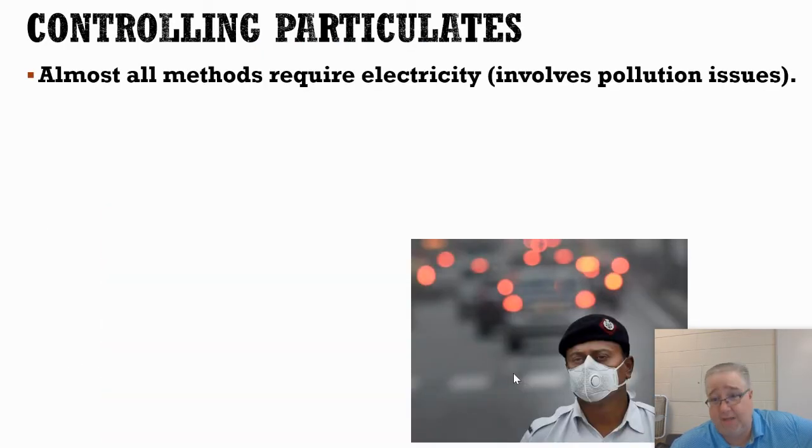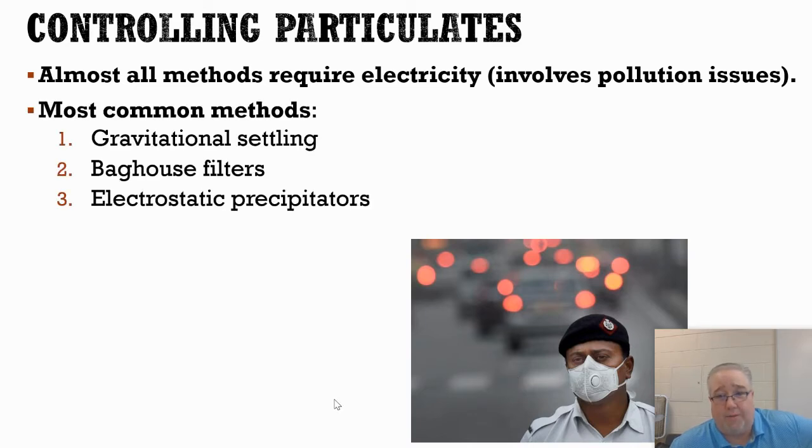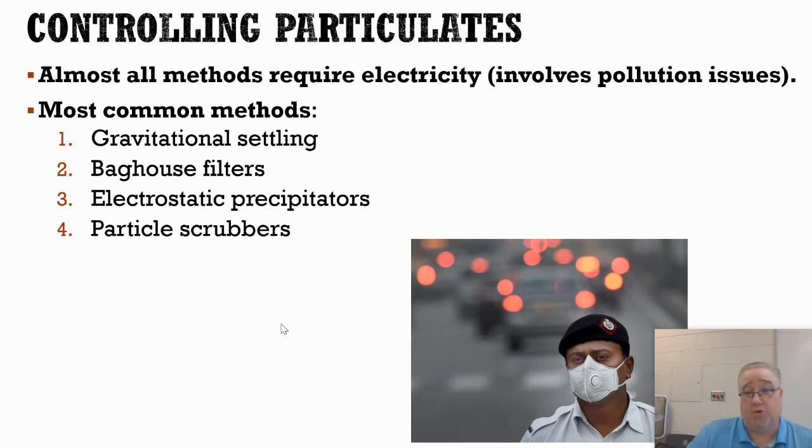Particulate matter. Now, particulates are another major form of air pollution that is typically produced in coal power plants. It's a component of a lot of industrial pollution. And there are 4 different methods that we use to help control those particulates.